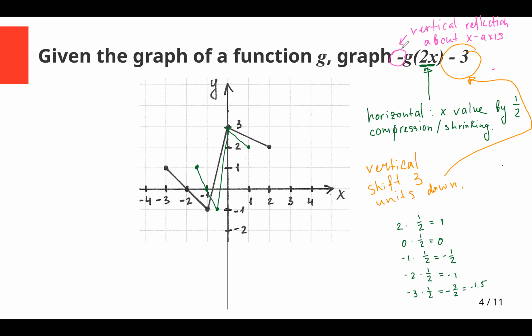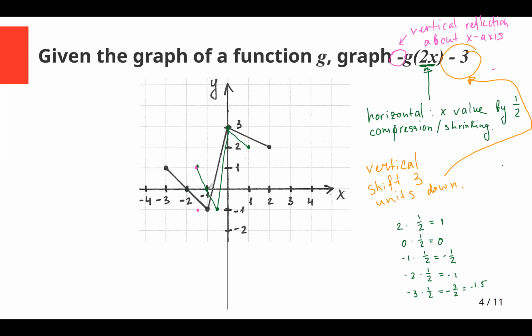Now, let's do the vertical flipping. Sometimes it's called a vertical flip, right? Vertical reflection. Now, what happens with the y coordinates? I'll start with this point. This point has a y value of 1. Well, it gets a negative in front of it, so it becomes negative 1. So it was reflected below the x-axis.